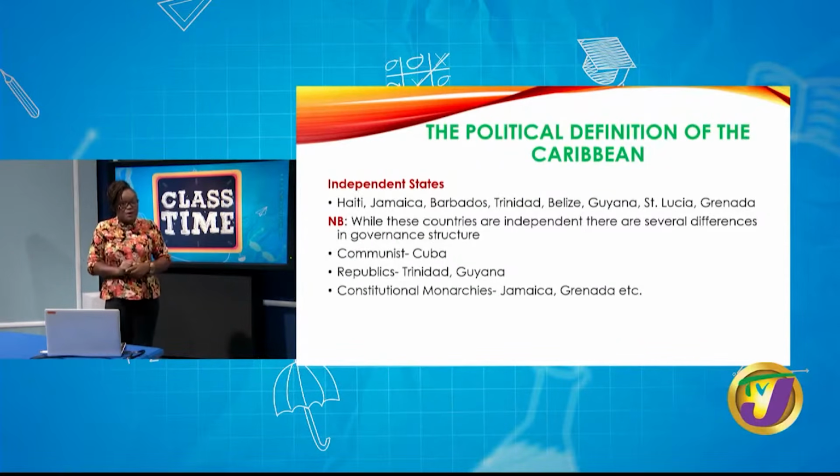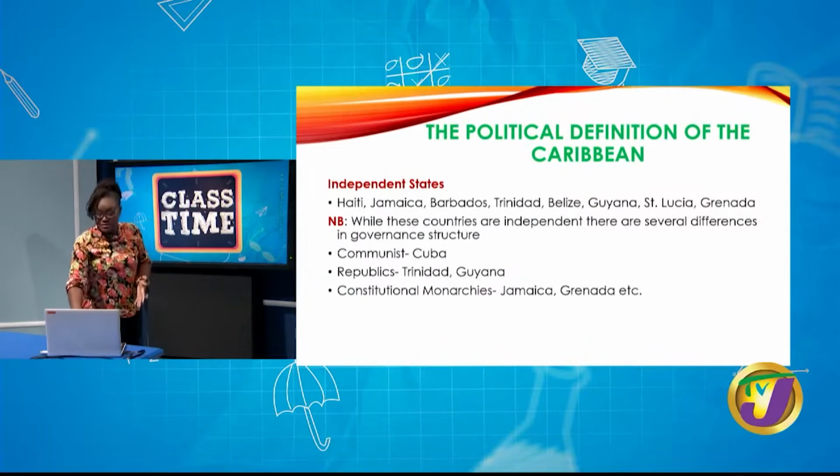Now, this may be a little bit different from other republics outside of the region, such as the United States, right? And in a constitutional monarchy, obviously, we have still retained the Queen, and the representative of the Queen in Jamaica is the Governor General, all right? But they're all independent states.